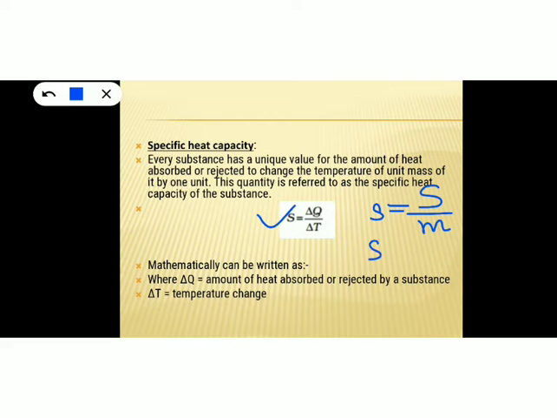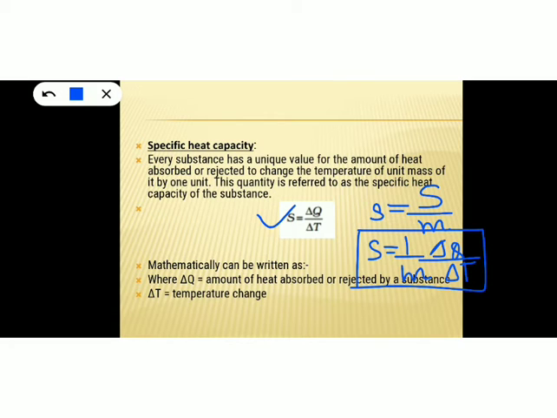So specific heat capacity s is delta Q by delta T divided by m. This is the expression for specific heat capacity, 1 by m into delta Q by delta T, where m is the mass, delta Q is the heat, and delta T is the change in temperature.